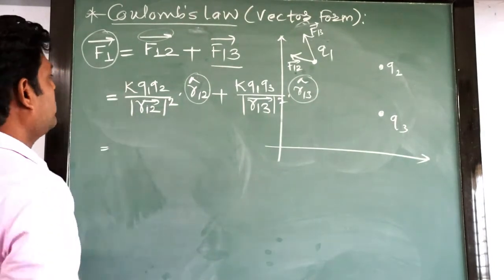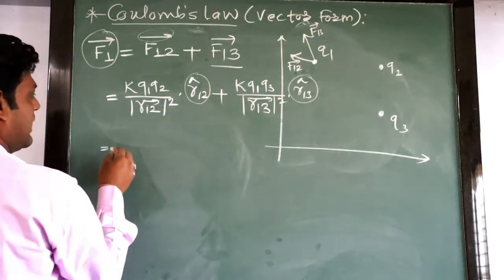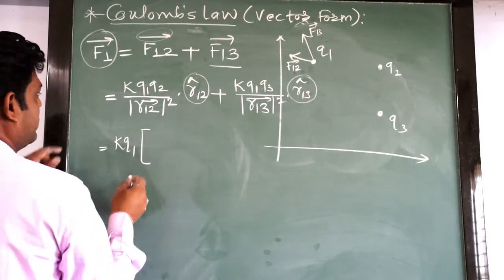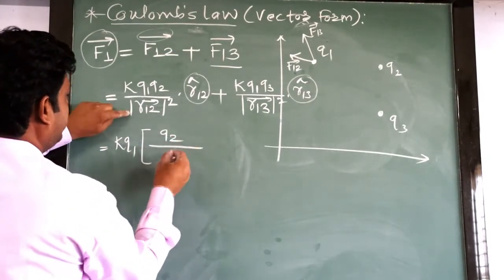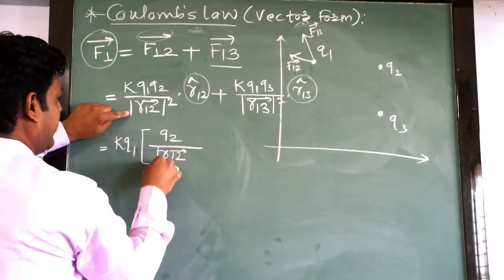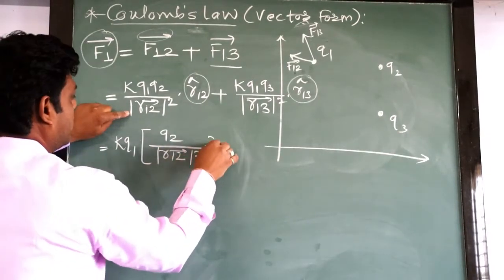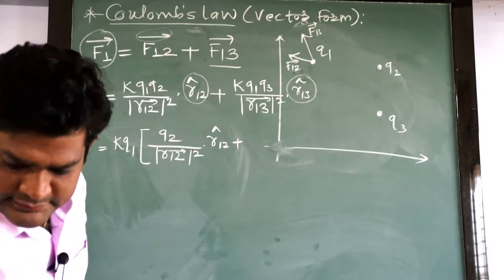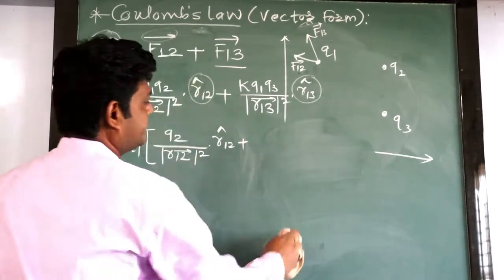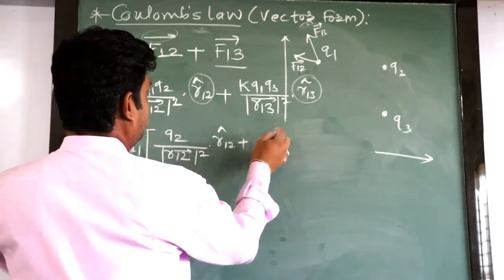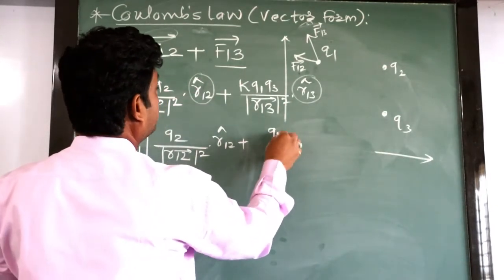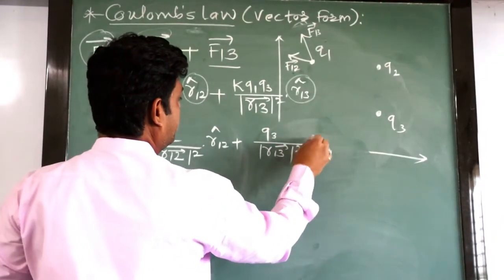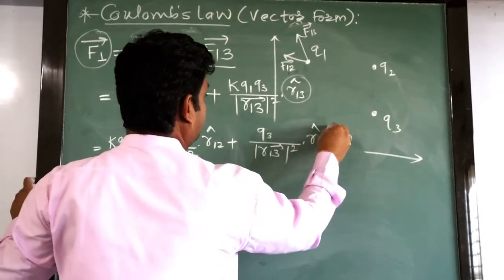Now taking K and Q1 outside, K Q1 into the bracket, the remaining Q2 divided by R12 vector mod square R12 cap plus, what is remaining over here? Q3 over R13 vector mod square R13 cap, bracket complete.